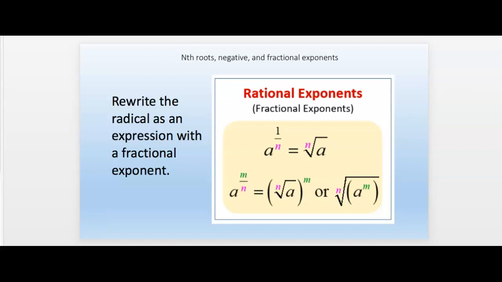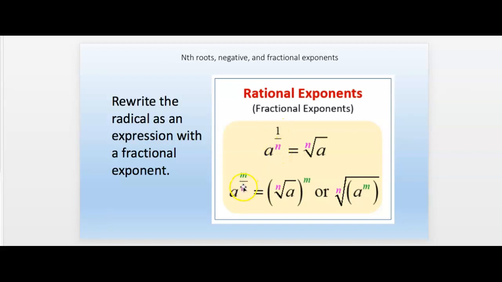Guys, we can rewrite radical expressions as a fractional exponent. In other words, rather than write it as the nth root of a, we can write it like this: a raised to the 1 over n power. That means root.